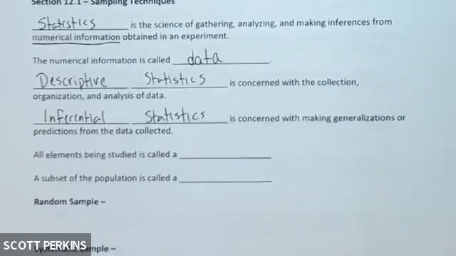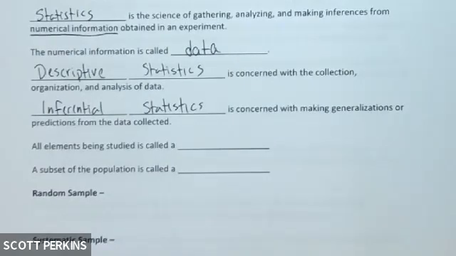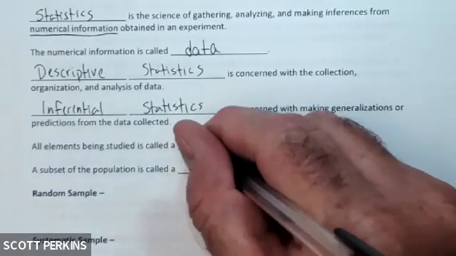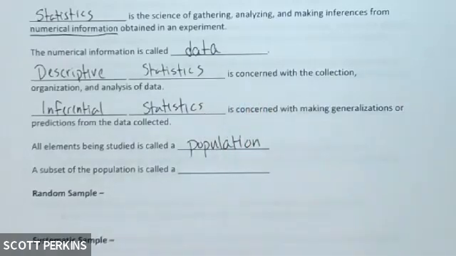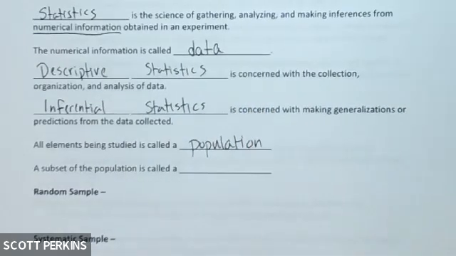Now, what you're doing when you study statistics is you're studying what's called a population. And a population is everything available to be studied. Now, populations can be big or populations can be small. For instance, if I was studying the grade point averages of Polk State students, then my population would be Polk State students.